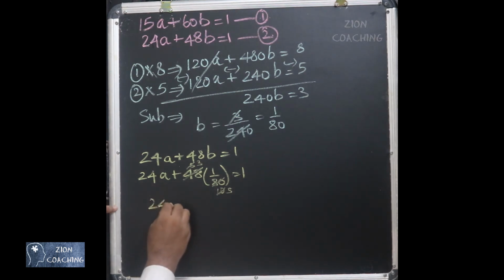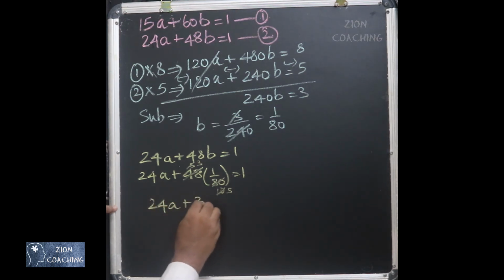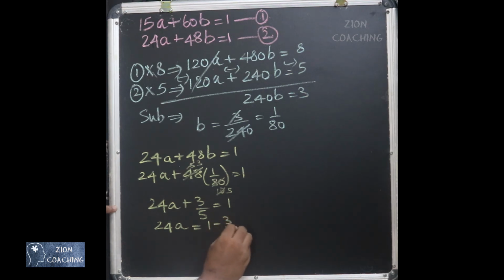So we have 24a plus 3 by 5 equal to 1. 24a equal to 1 minus 3 by 5. 1 minus 3 by 5 is 2 by 5. Now you take this 24 to the other side. So you will have a is equal to 2 by 5 into 24. 1 time, 12 times. So a is going to be 1 by 5 into 12, that is 1 by 60.